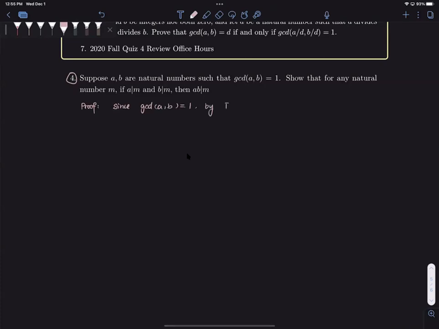By the identity, there exist P and Q in integers such that AP plus BQ equals 1.